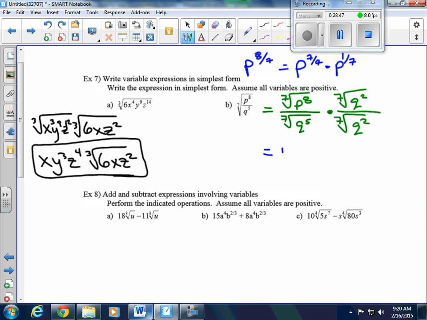And so this is really going to be p times the 7th root of, well, I have 1p left inside, and q squared over, and then we said this is just going to be q. And there is our answer for B.